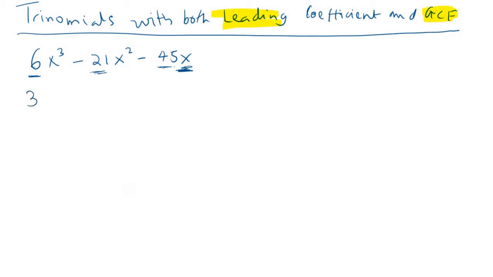So this is 3x that needs to come out. And then we're going to have 2x squared minus 7x minus 15. Let's see, 15, yeah, that's 15 left there.